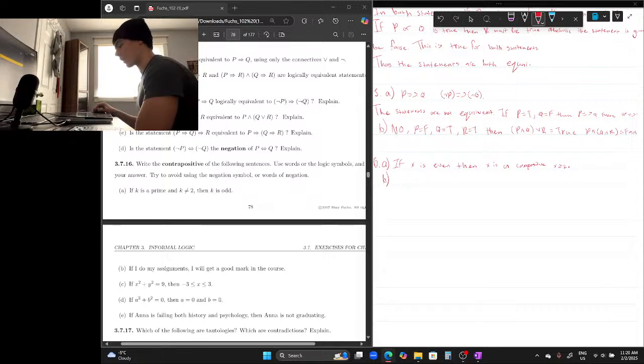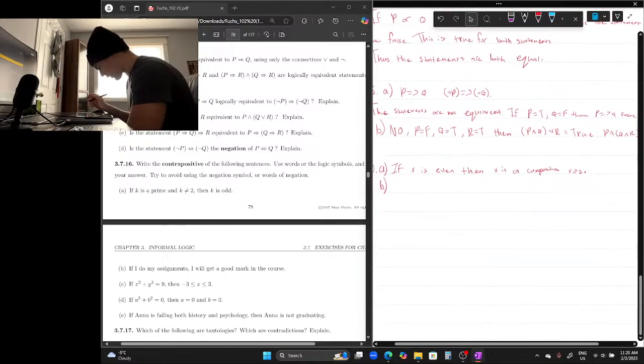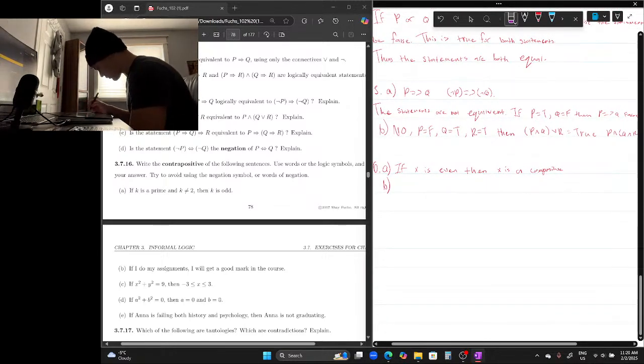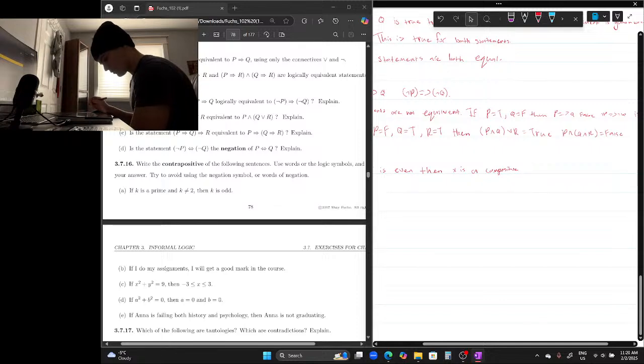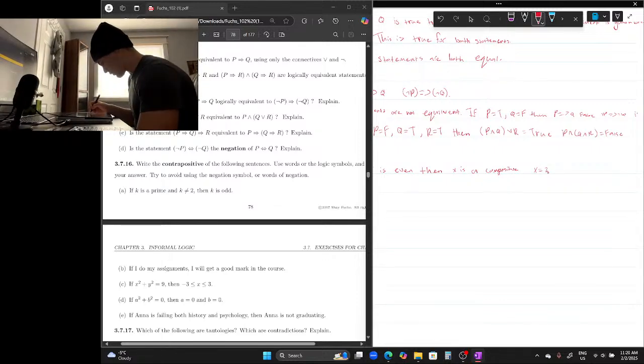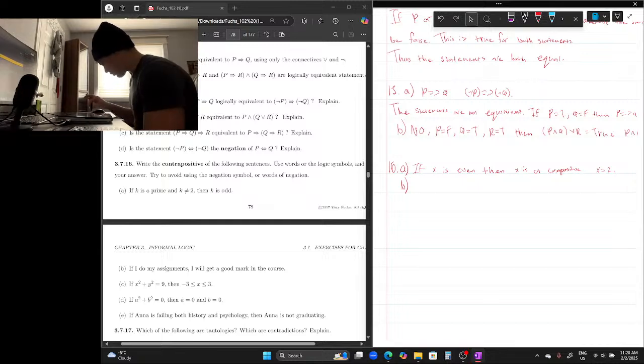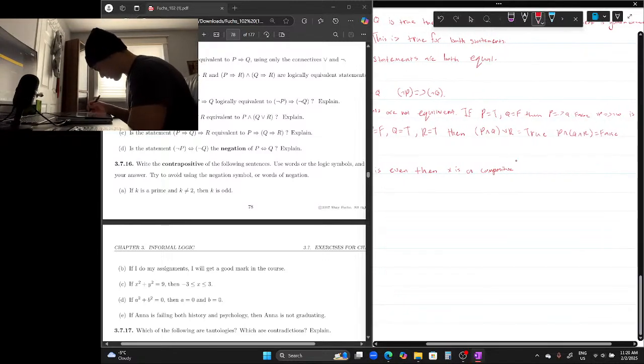That's natural, that's going to happen. If x is even, then x is composite and x equal to 2. I think that's not right though. Oh, then x is composite or x is equal to 2.